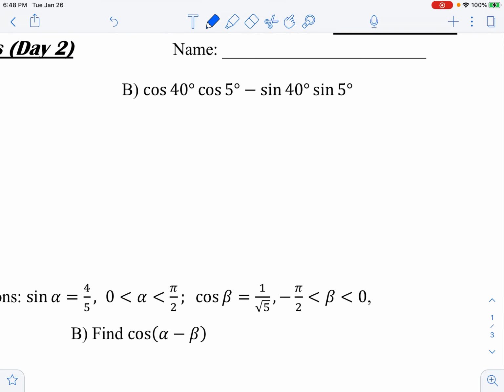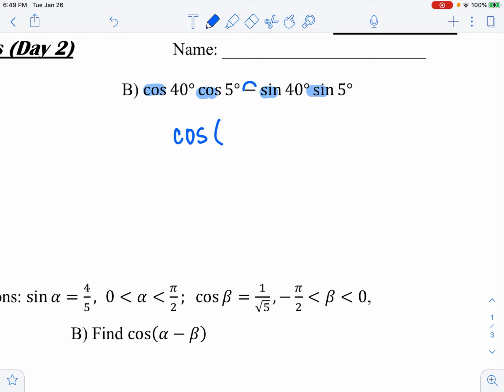All right, next term up here, I have cosine 40, cosine 5 minus sine 40, sine 5. So first off, you have to notice that they're not complementary, so you're not changing anything to cofunctions. But instead, you should notice the pattern cosine, cosine, sine, sine. So you can simplify this to the cosine using the cosine difference formula.